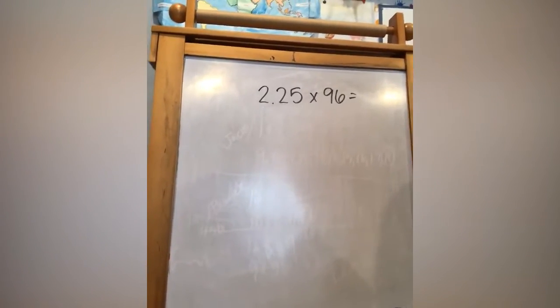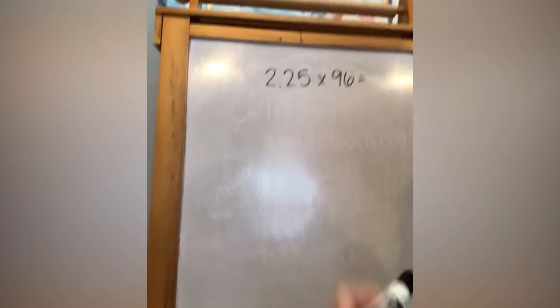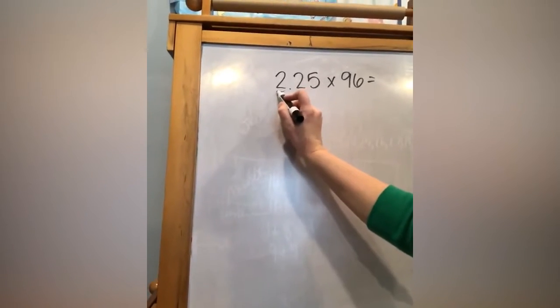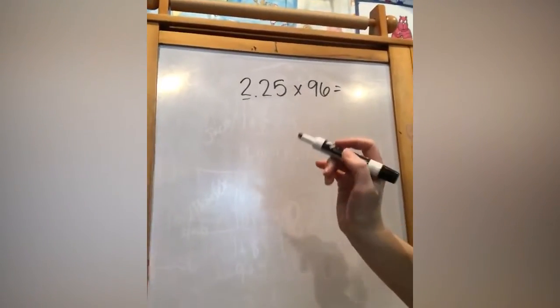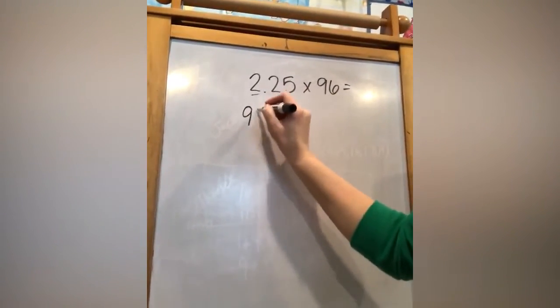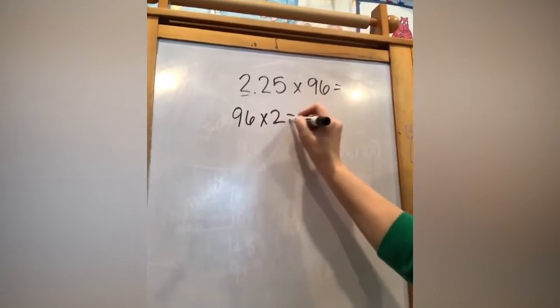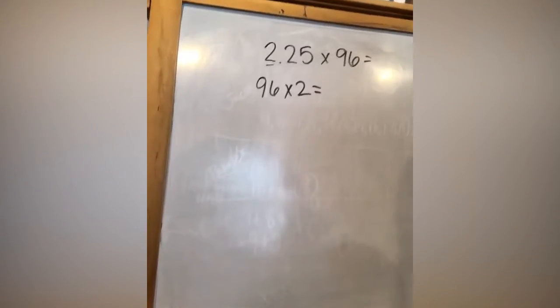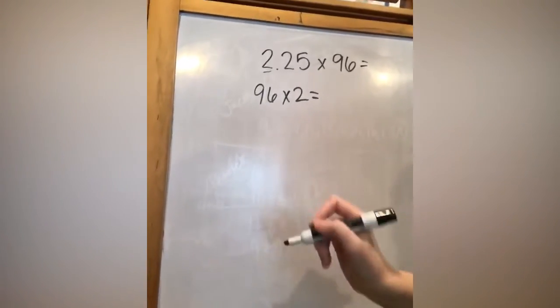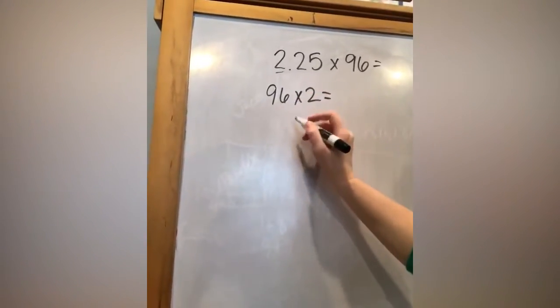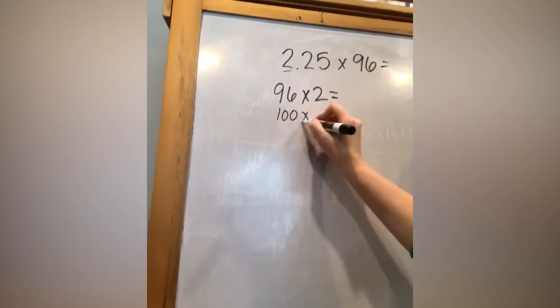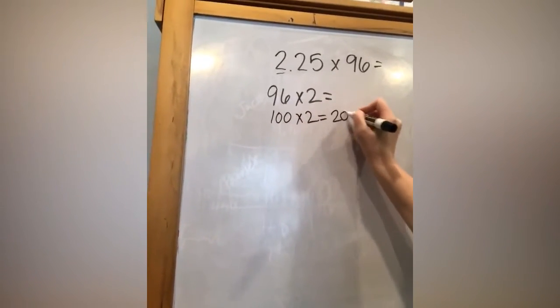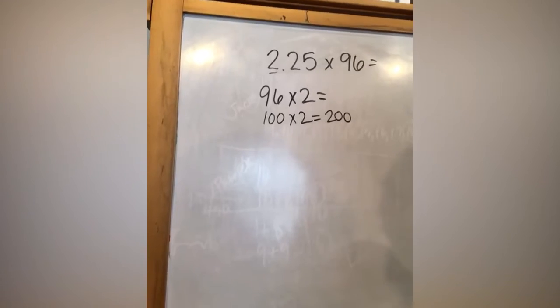So in order to solve this problem, I'm going to focus on the whole number first. And I'm going to go ahead and do 96 times 2. And remember, this is all supposed to be done mentally, so we want to use a mental strategy to try and figure this out. So instead of doing 96 times 2, I'm going to make this 100 times 2, which I know easily is 200.